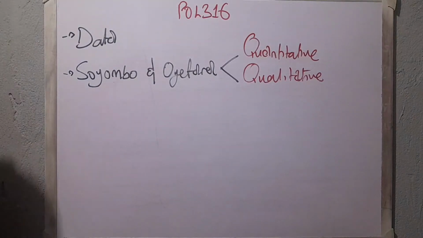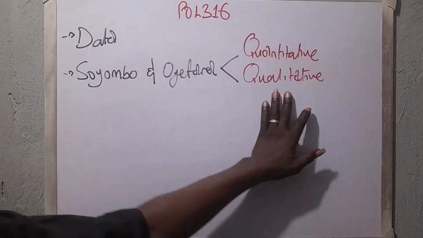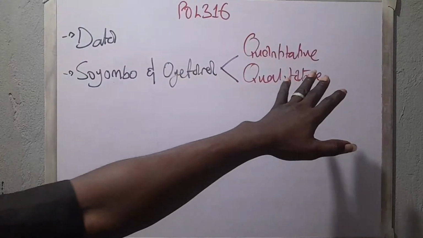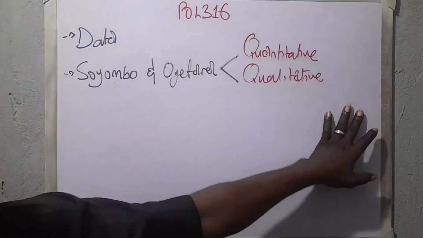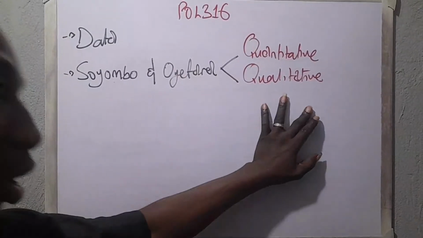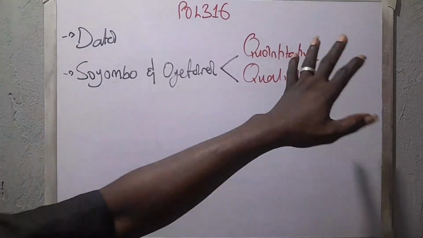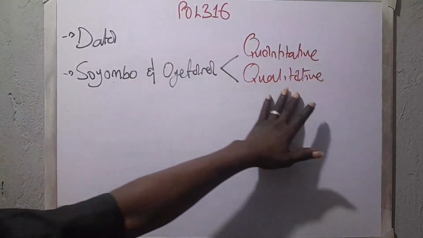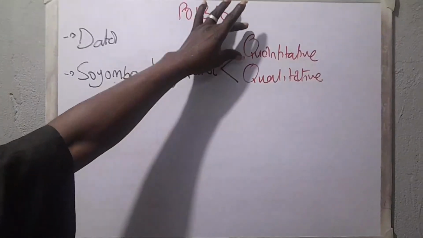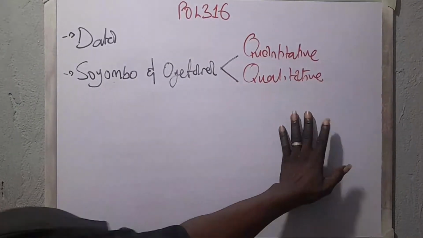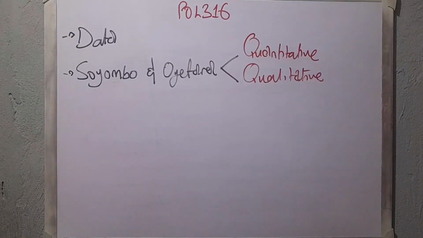It is more of a realistic and holistic kind of measurement. When we talk about colors, colors can't be measured. Things that are not measurable under quantitative are placed under qualitative. Now, we're going to find out more about this.